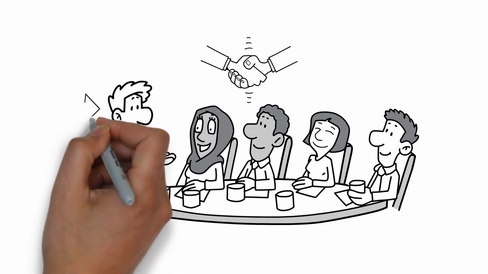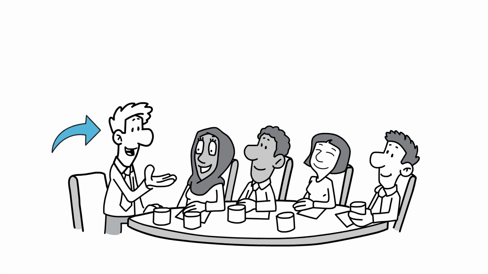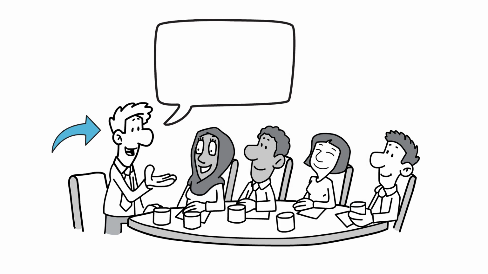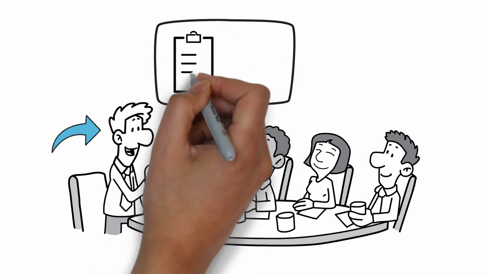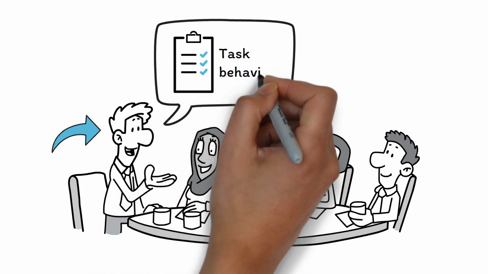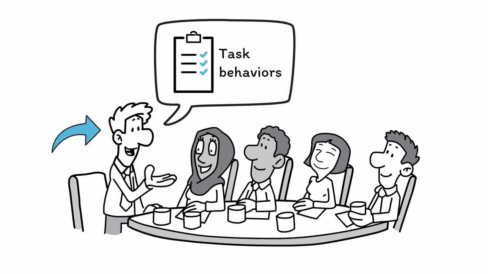If you, as a new supervisor, begin your first meeting by diving straight into the distribution of tasks, you are demonstrating task behaviors. This approach, focused on the immediate objectives and agenda, is different from relationship behaviors, which would prioritize interpersonal connections and team dynamics.